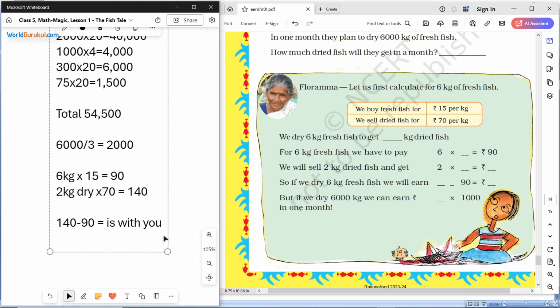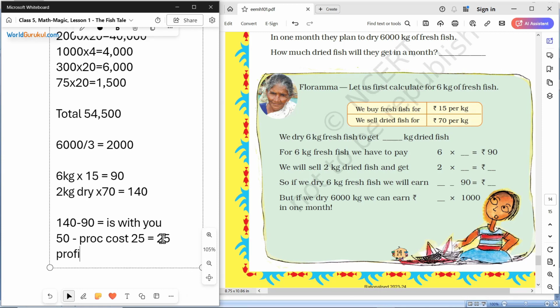You have to deduct your processing cost, drying cost. Then 140 minus 90 is how much? 50 minus processing cost. Maybe 25. So the remaining 25 is going to be your profit.